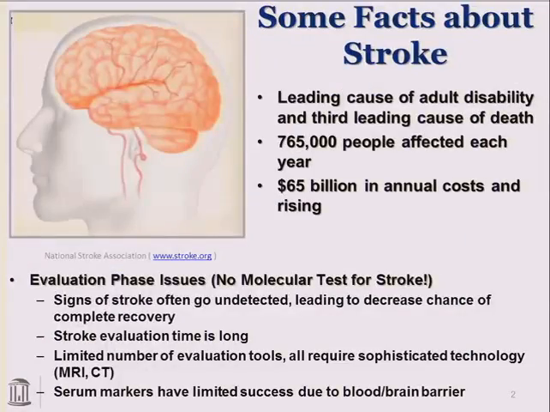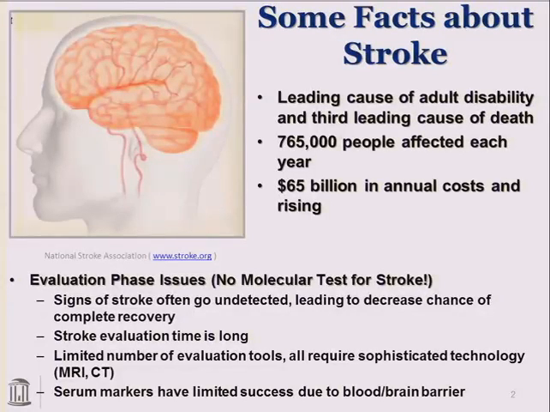So a lot of times people have been using, for example, a cardiac panel to translate that over to stroke, with not too much success in terms of clinical sensitivity and specificity for one simple reason, again, the blood-brain barrier.